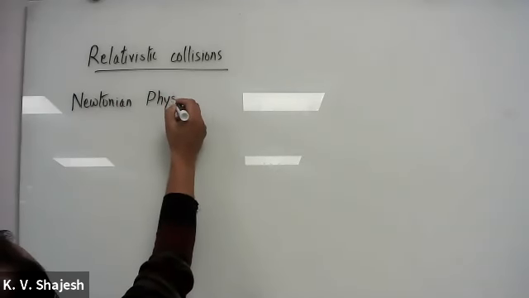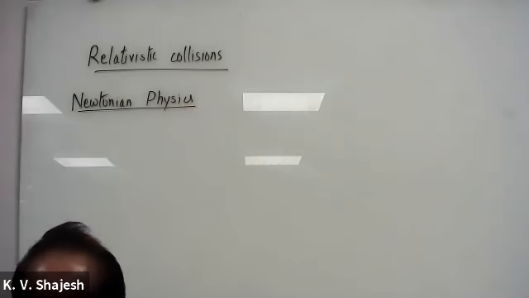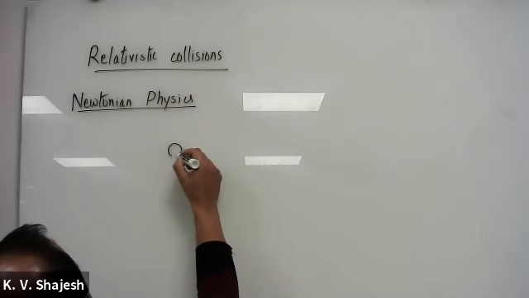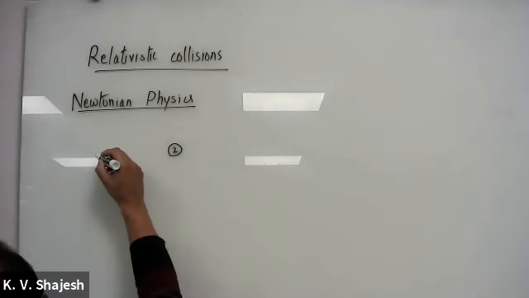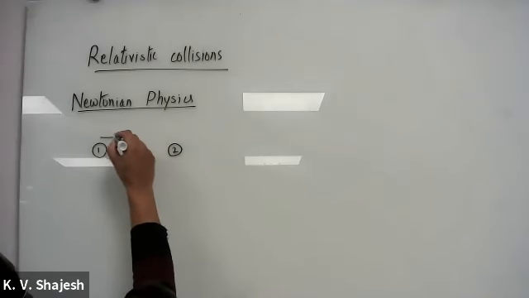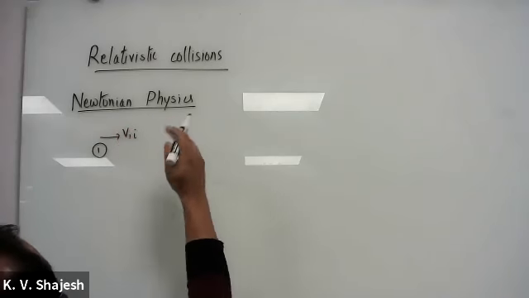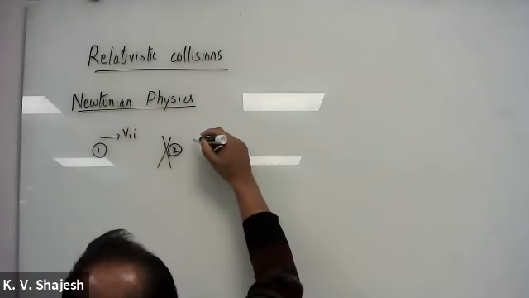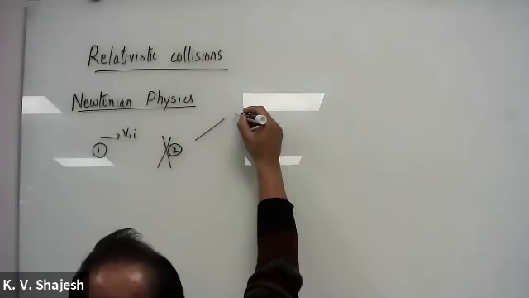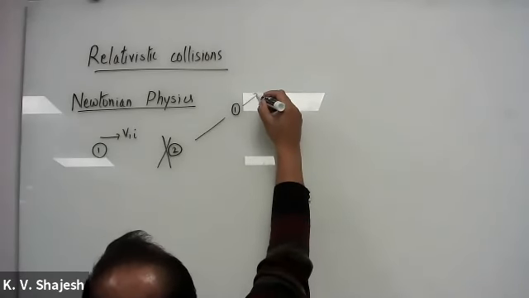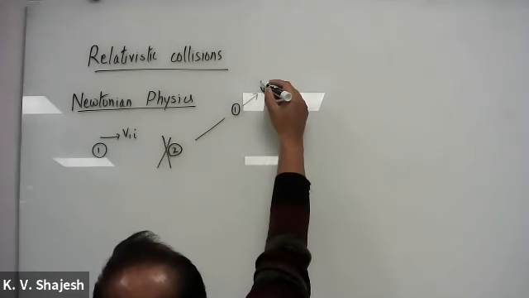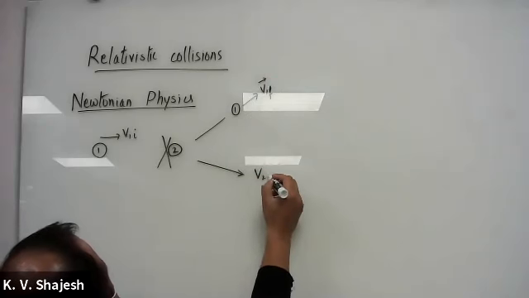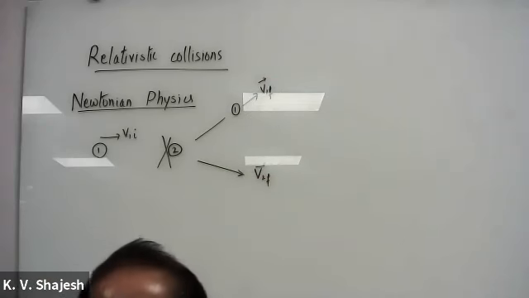So Newtonian physics, what you would do is, if you're interested in a collision of this kind, so that's two mass m1 coming with velocity v1 initial, let's say v2 initial is at rest, so they come and collide, and this could be one after collision going v1 final as a vector, and that could be v2 going in another direction. So that's two.